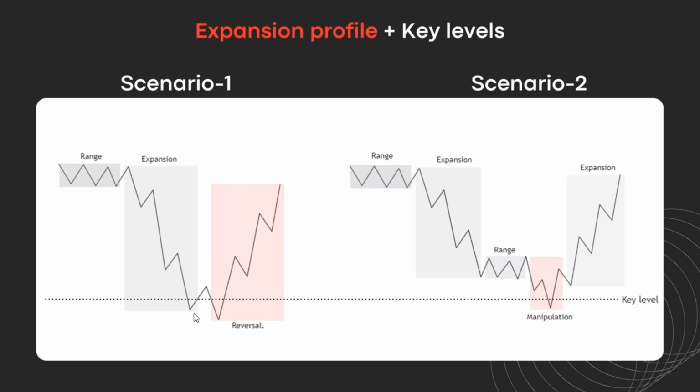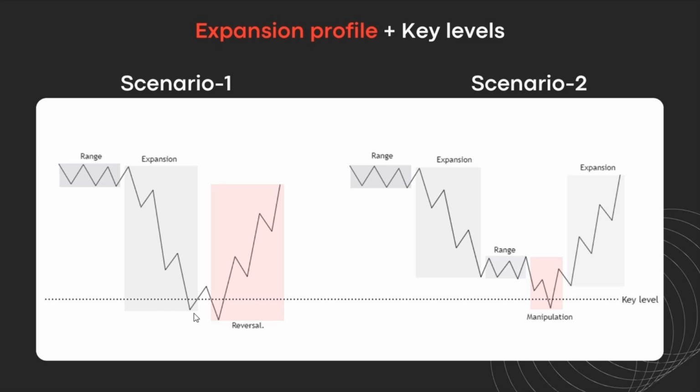Now, based on the first chapter, we learned that the only outcomes after an expansion profile are a ranging profile, a retracement profile, and a reversal profile. Now that we've combined it with key levels, we can see that we can cross out the ranging and retracement profile and only expect a reversal profile in this case because a key level has been tested, right?